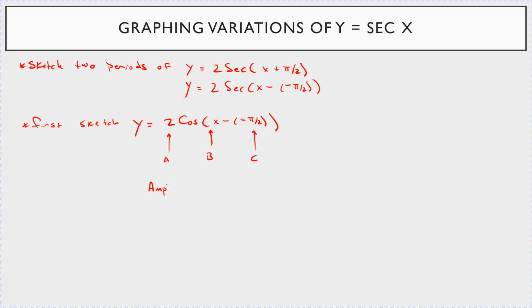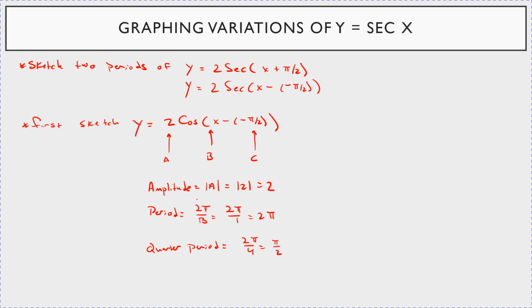So the amplitude is equal to the absolute value of a, which is the absolute value of 2, which is 2. The period is 2 pi over b, which is 2 pi over 1, which is just 2 pi. Quarter period is just 2 pi over 4, which is just pi over 2.